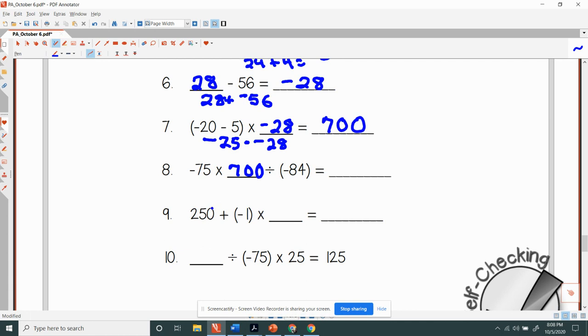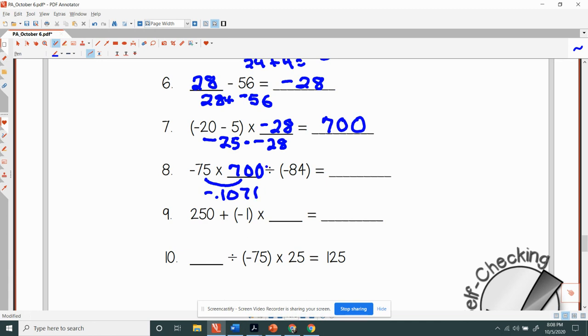Negative 75 divided by positive 700, we know will be a negative number. Negative divided by a positive is a negative. Let me double check my work. I'm using a calculator for this one. Negative 75 divided by 700 equals negative 0.1071.